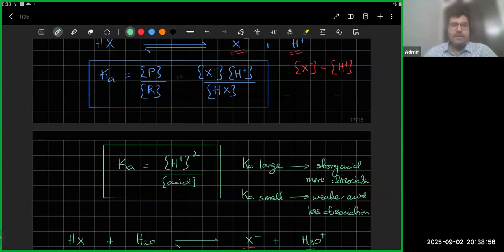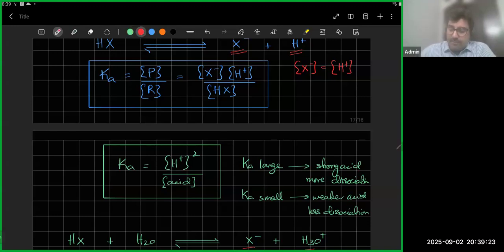Let's summarize, because we'll probably end it over here. We don't have enough time to start using this. So the summary is that every weak acid has a dissociation constant, and that tells you whether that acid is strong or weak. There are whole tables where every acid that you think of has a dissociation constant.